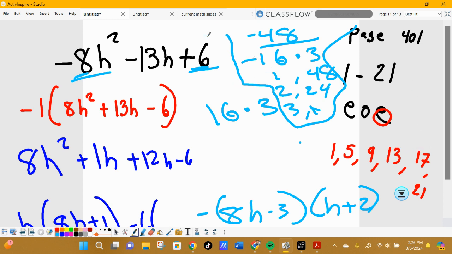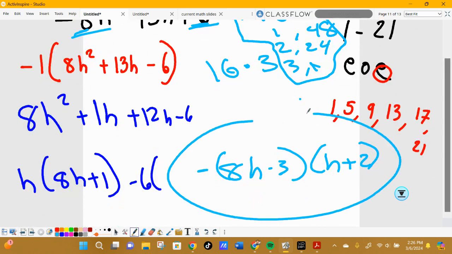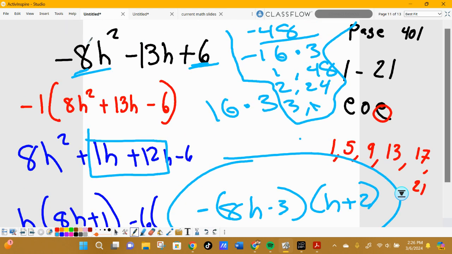If we go back real quick, this is one that we did in class that we didn't get all the way done with, but the final answer that you should have is negative 8h minus 3, h plus 2. So how did I know to use 16 and 3? When I take 8 and 6, I get 48. So I break it down into different factors.